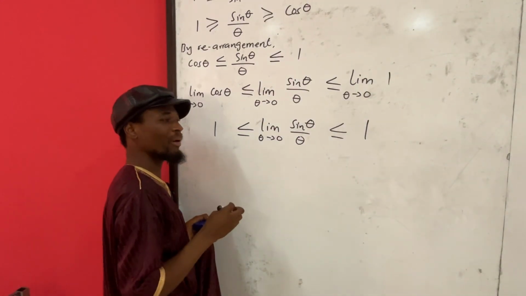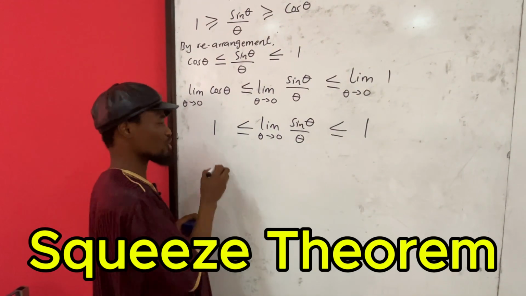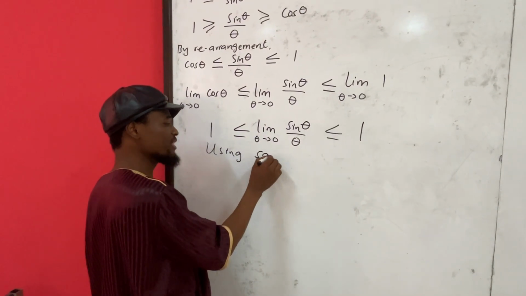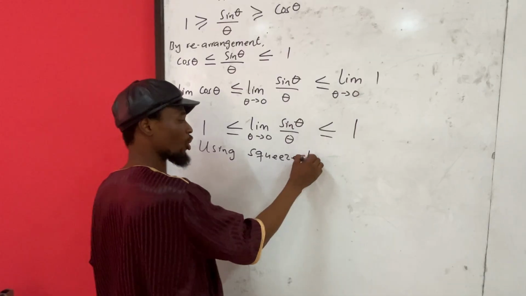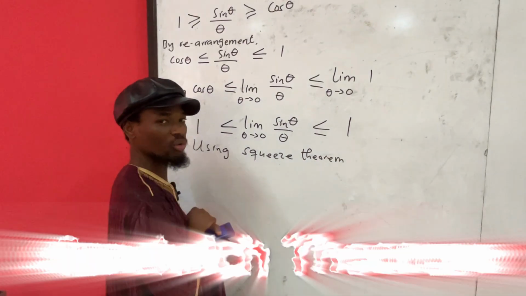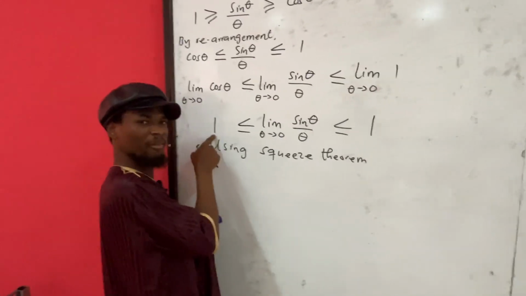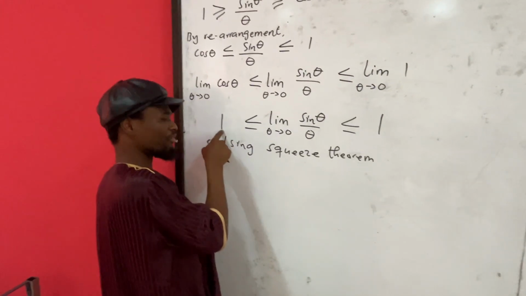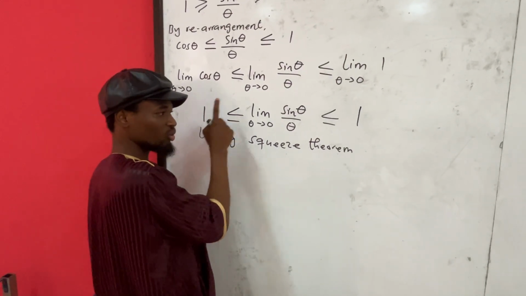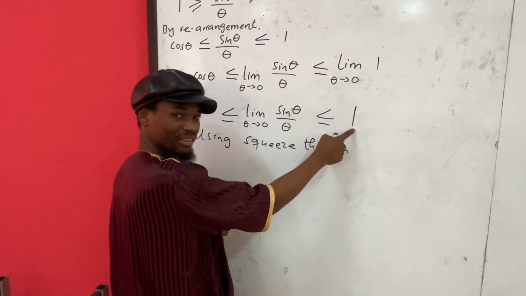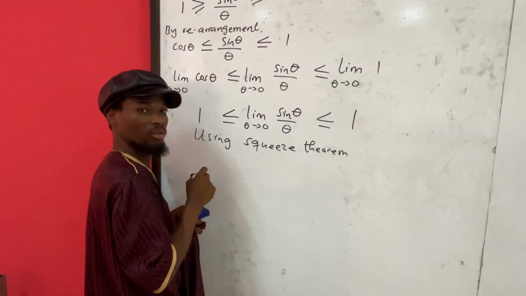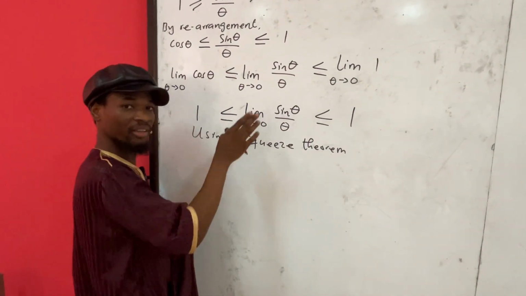So this brings us to what we call the squeeze theorem, or the sandwich theorem, which states that once you evaluate the limit of the outer functions and see the values are equal, then the answer is equal to the middle function. I'll do videos on that properly.